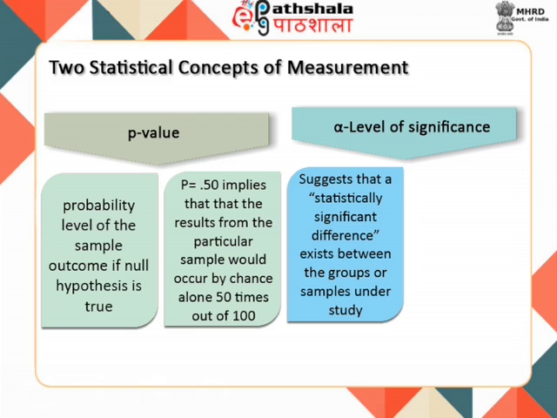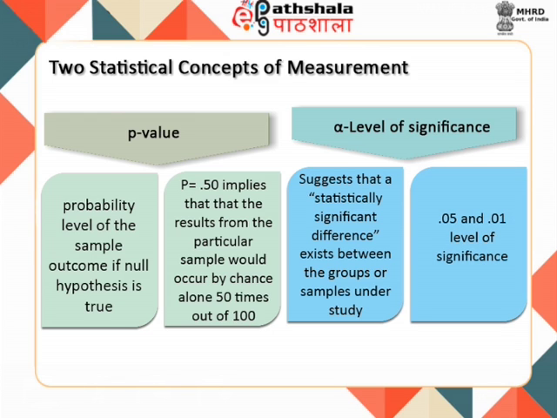In psychological sciences, research workers generally make decisions and evaluate the outcome of the tests according to 0.05 and 0.01 levels of significance.